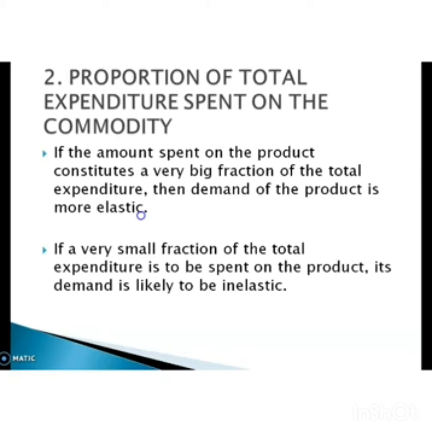If the buyers spend a large proportion of their income, then they would considerably decrease their purchase of the good as its price increases. So, the demand is more elastic. On the other hand, if the buyers spend a small fraction of the total expenditure on the product, its demand is likely to be inelastic.